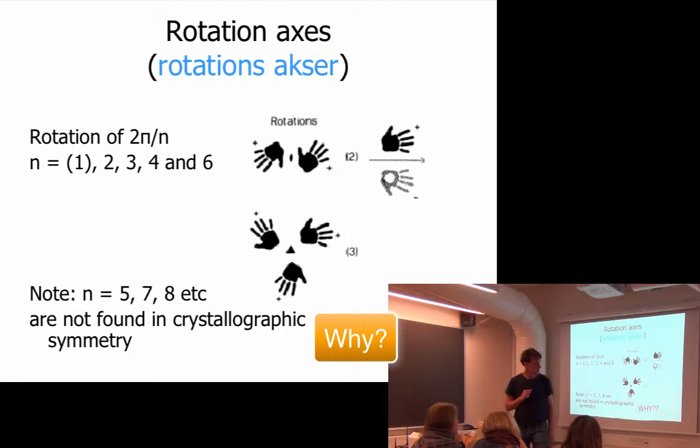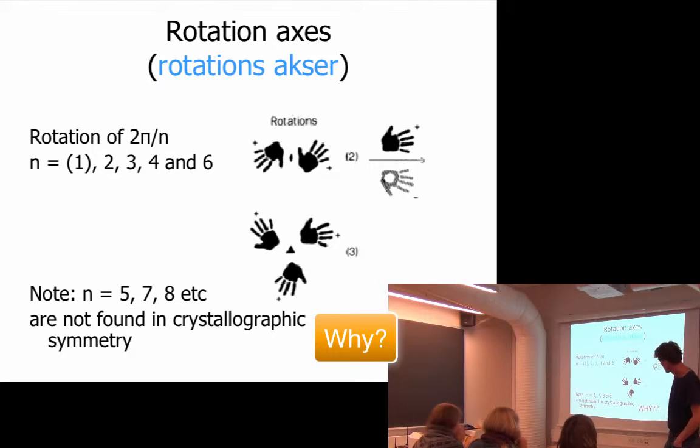And the graphics is not so great here, but I have taken in these drawings anyway because I'm going to use them a little more in a moment. I have a little exercise for you which involves these hands over here, so I thought it would be good to use them. What you can see here is that if we have, for example, a 2-fold rotation, we make a small illustration of the 2-fold symmetry axis here.